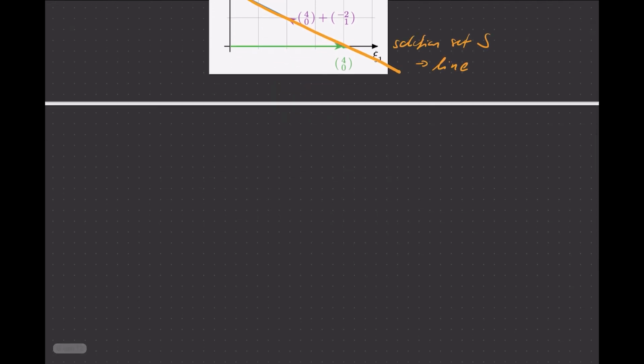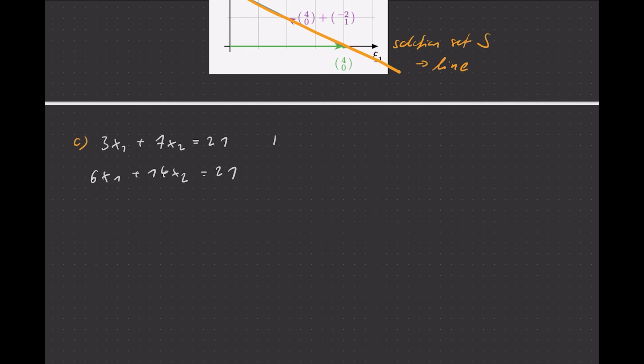Okay, I have one last example. It looks like this. 3x1 plus 7x2 equals 21. 6x1 plus 14x2 equals 21. Let's try to solve that system. Make it short.